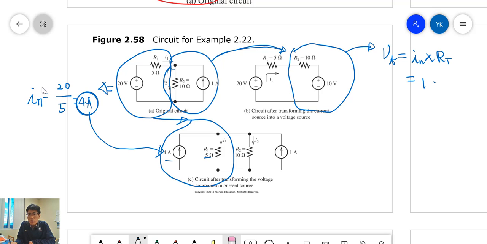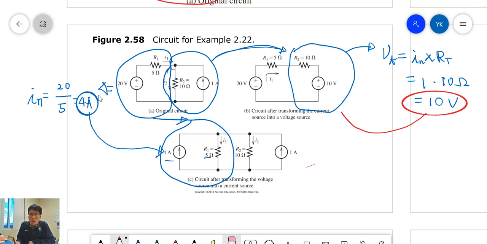So 1 amp and 10 ohms, so 10 volts. So that's VT. So this VT plugs in here. So this is one of the examples.